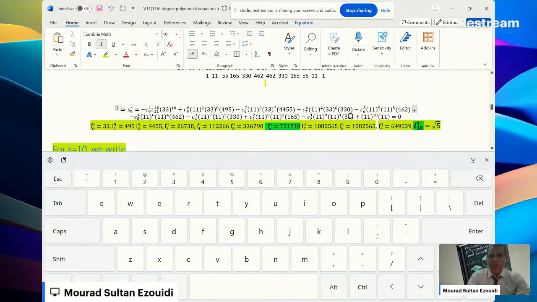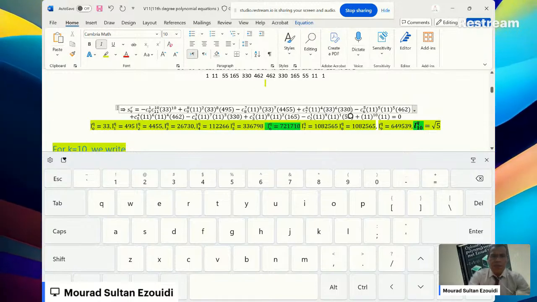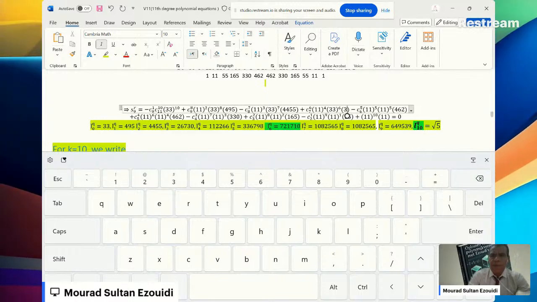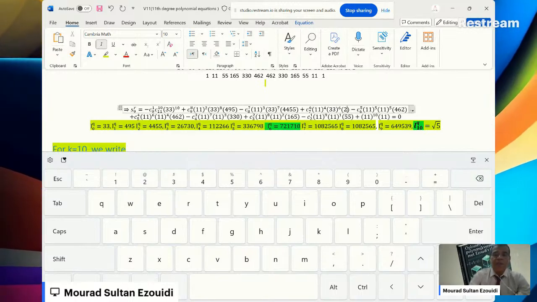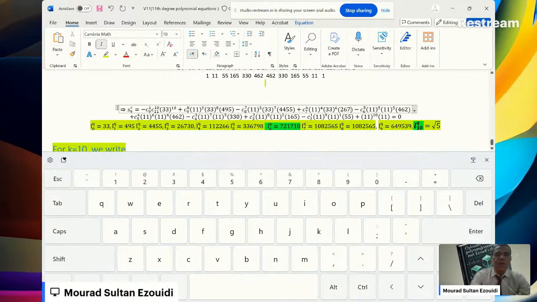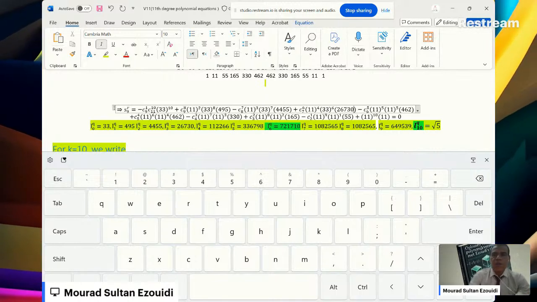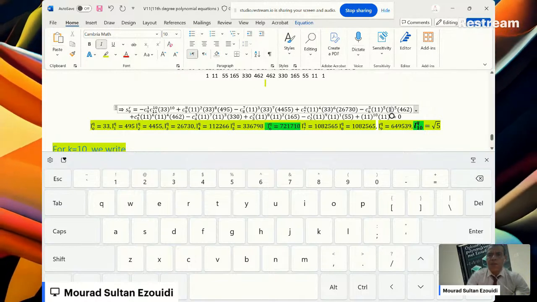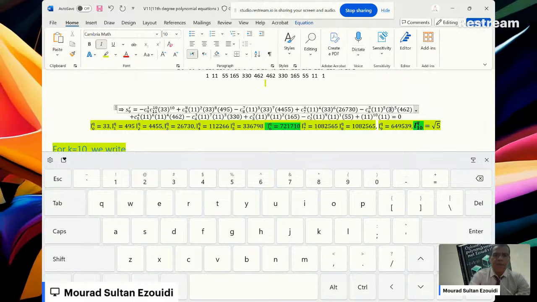Okay. This is my kids, 26,000, 26,720. Okay. This is 23.